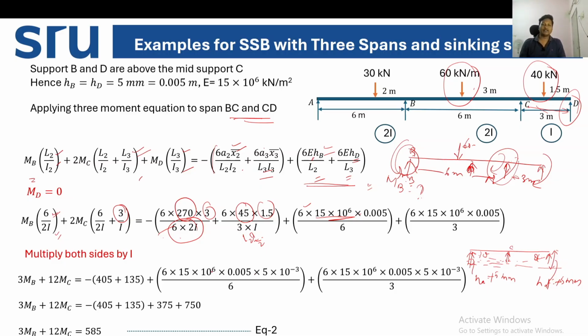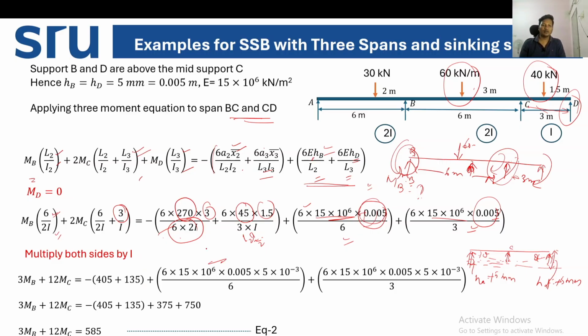So when you consider this, what will be HB? HB is 0.005. We have converted into meters. And the sign convention is positive, divided by 6, plus 6 into 15 into 10 to the power 6 into 0.005 divided by 3. 0.005 is nothing but your settlement at B. So now just simplify this equation, because two, three more steps can be written after this.